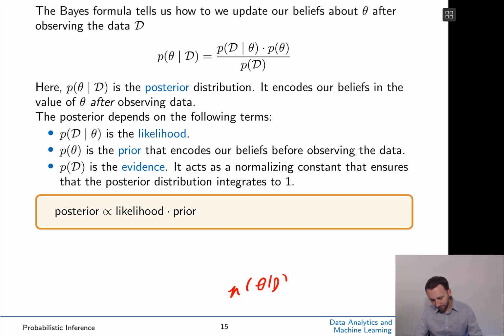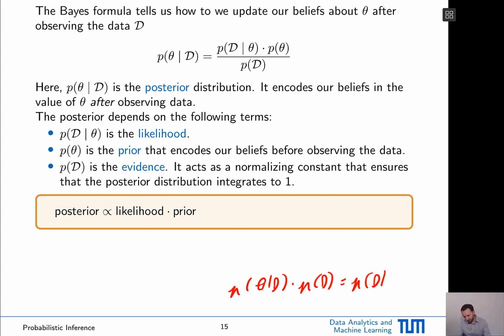So p(theta given D) times p(D) equals p(D given theta) times p(theta), which is equal to the joint distribution. This is what you might have learned in some standard probability lecture. This here is known as a joint distribution, the probability of theta and the data.